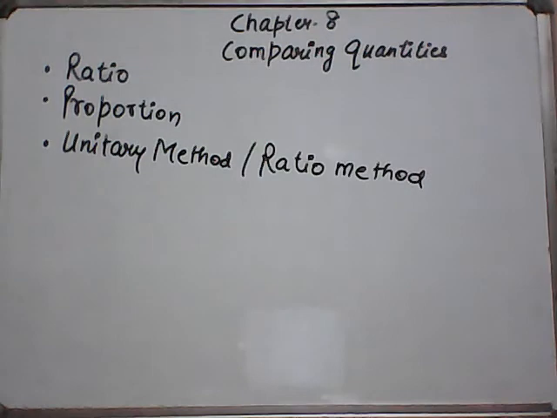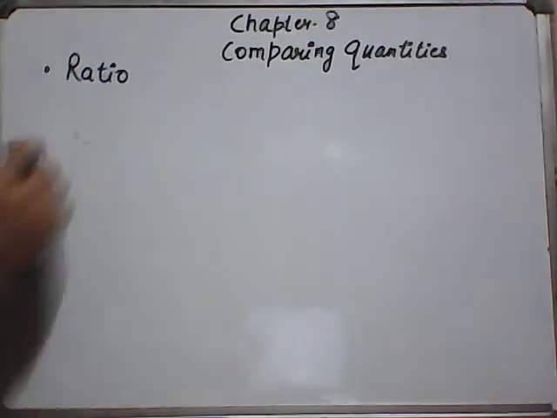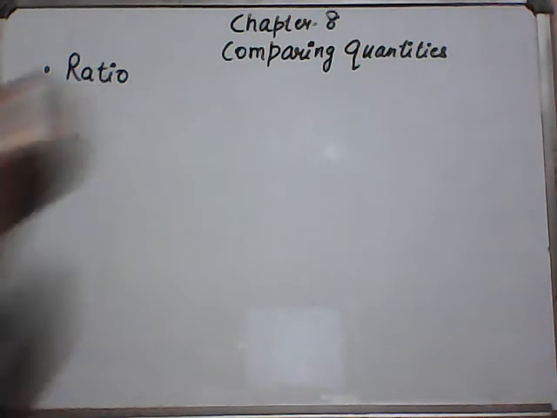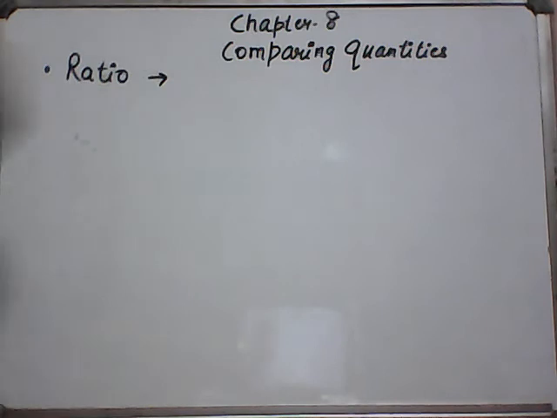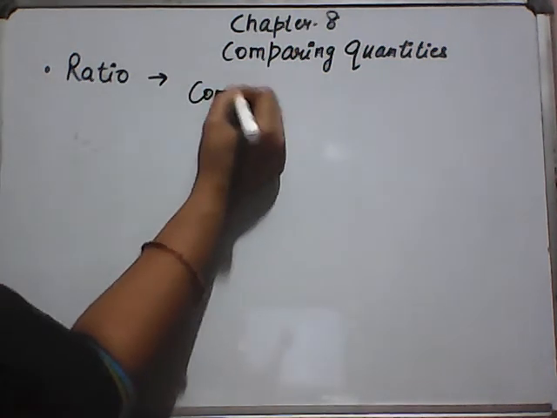Let's start with ratio. Now, what do you mean by ratio? A ratio is a simple mathematical term used for comparing two or more quantities that are measured in same unit. Here we have to remember one point.